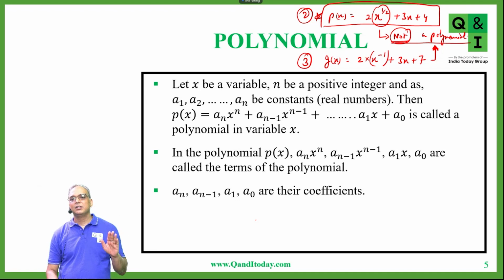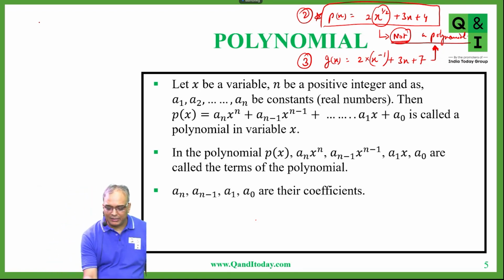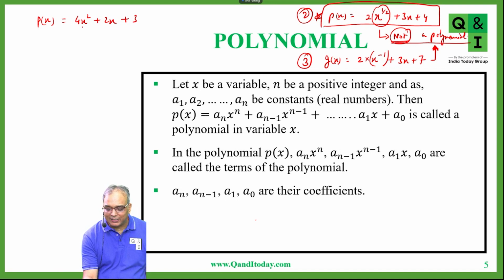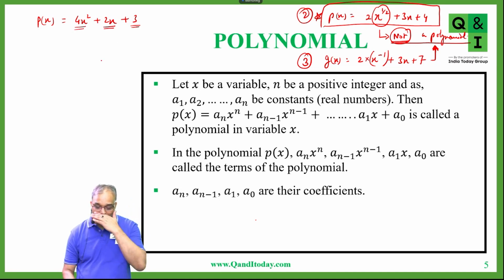That means whole numbers. For example, the first polynomial p(x), as I said, was 4x square plus 2x plus 3. Here the coefficient of x square is 4, coefficient of x is 2 and 3 is the constant term.